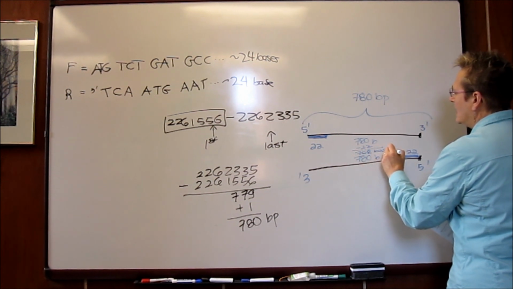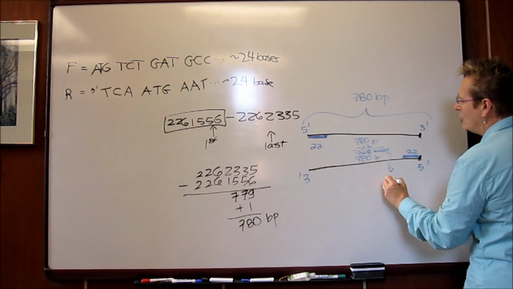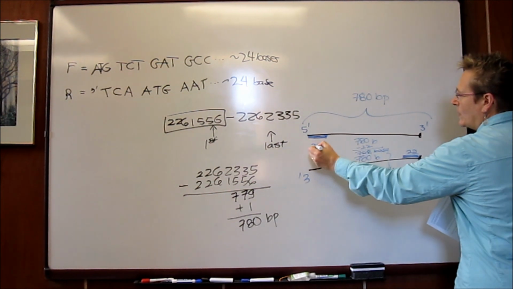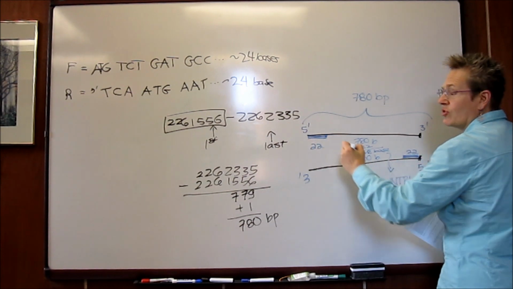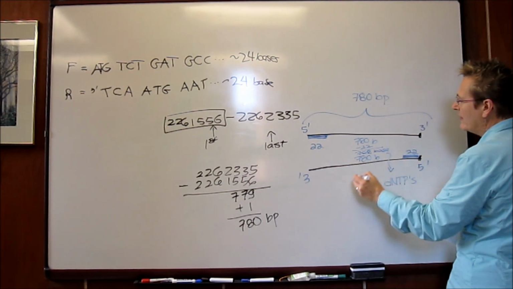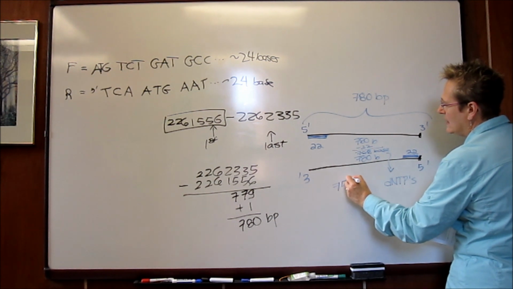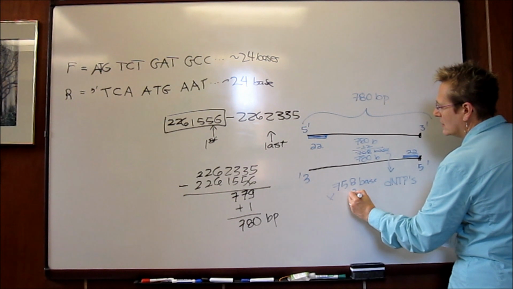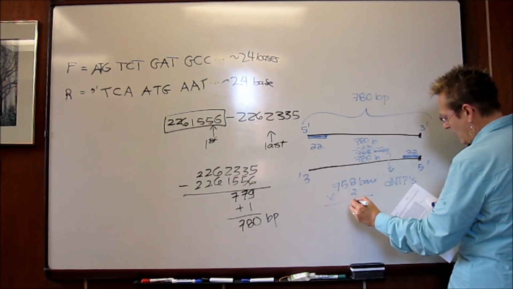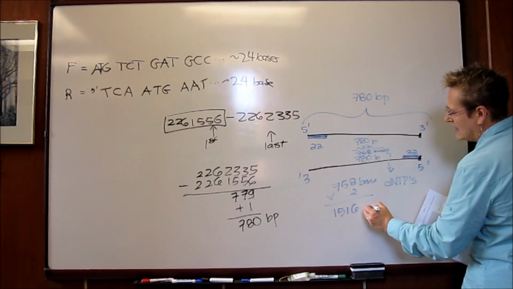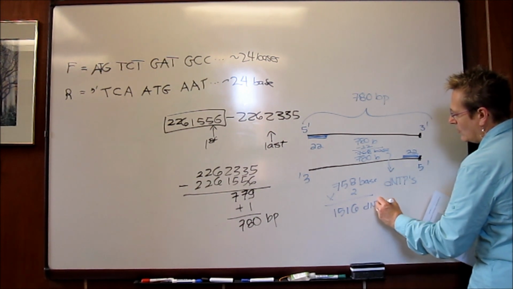Bases came from free nucleotides, or dNTPs, whereas 22 on each strand came from the primer. And so we have 758 bases times 2, being the number of dNTPs it takes to make one amplicon.